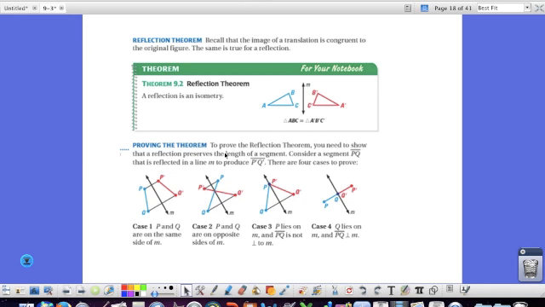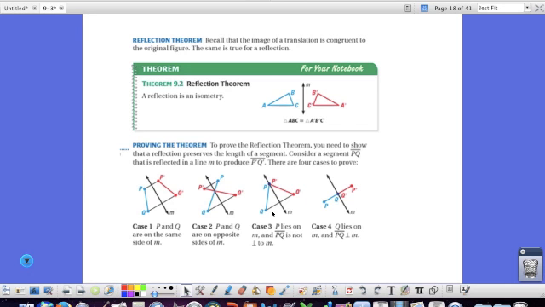So in order to prove the theorem, we're just going to go through this. You need to show that a reflection preserves the length of a segment. And there's a number of different cases here. For P and Q, if they're on the same side of the line of reflection, they're still congruent when they reflect. Case 2, P is on one side and Q is on the opposite side. And when you reflect them, they're still congruent.